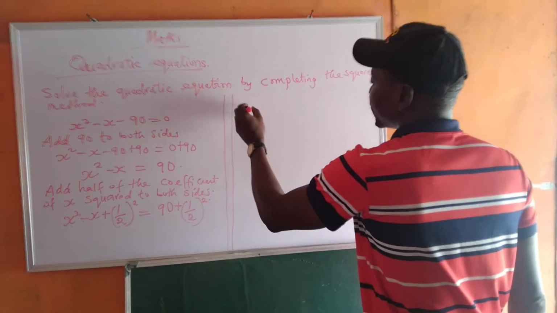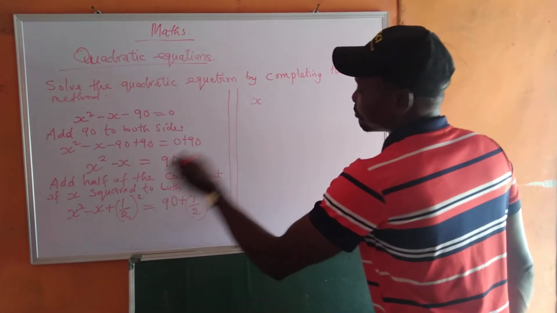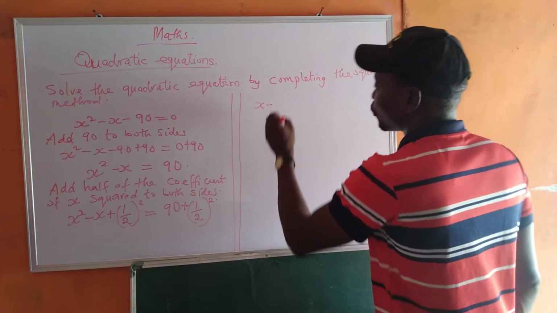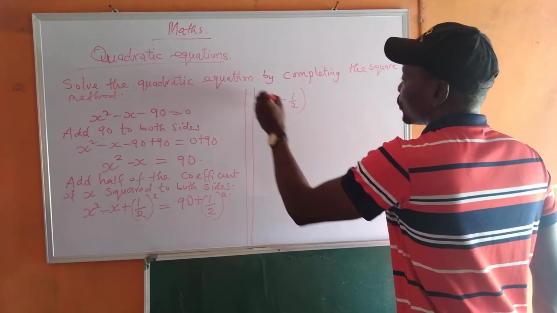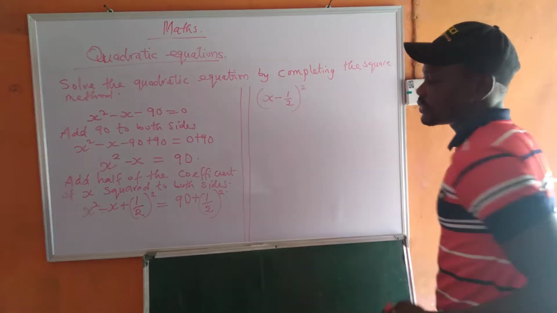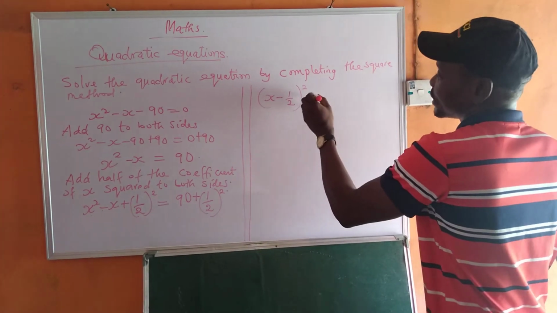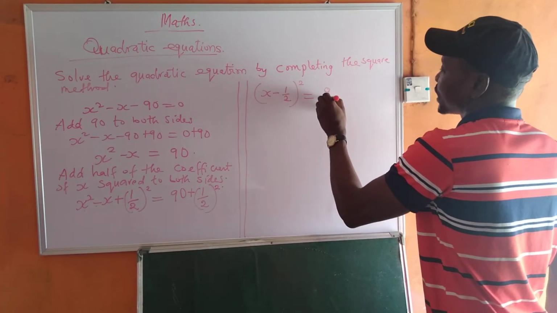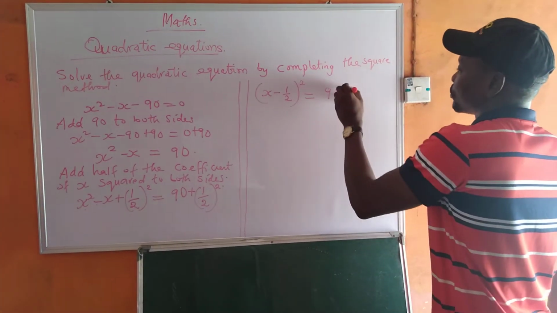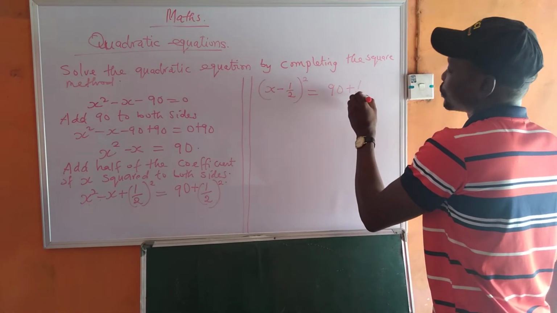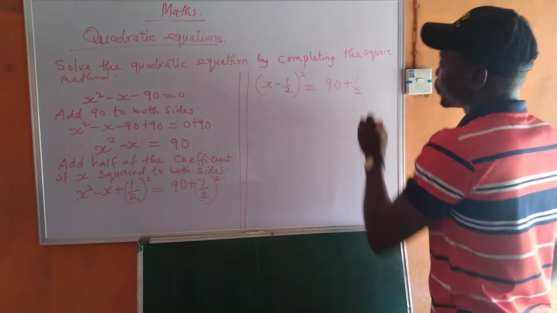So you take your x minus 1 over 2 all squared like this. So by the time you take that, you have squared it, then equals 90 plus 1 over 2 squared.